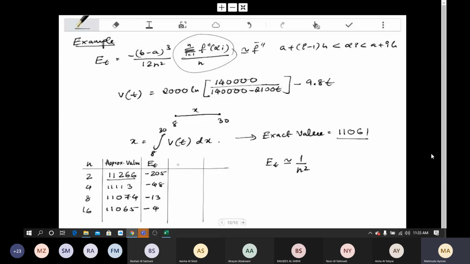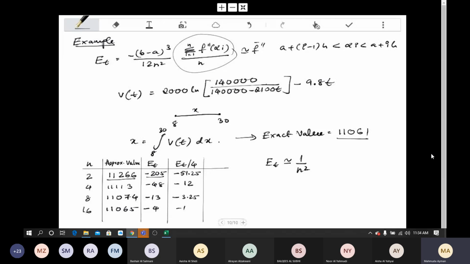So let's try to do that. If we divide the true error here by 4, that is minus 51 times 0.25. And if you divide minus 48, you get minus 12, and then minus 3.25 and minus 1.